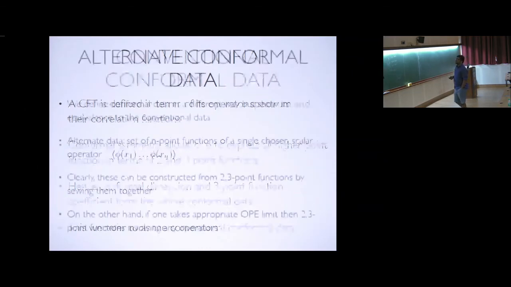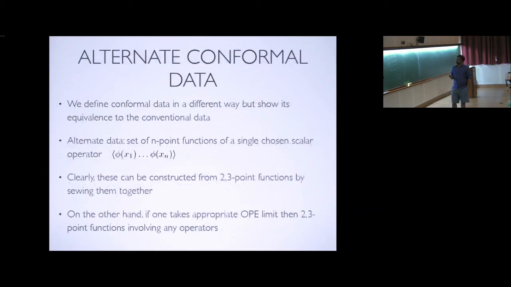Okay. So instead of that, I will work with a different sort of conformal data. I will show that this data is equivalent to the previous data. So instead of working with the 2 and 3 point functions of arbitrary local operators, I will work with n point functions of a single chosen scalar operator, which I call phi. And I'm including all n point functions of it.